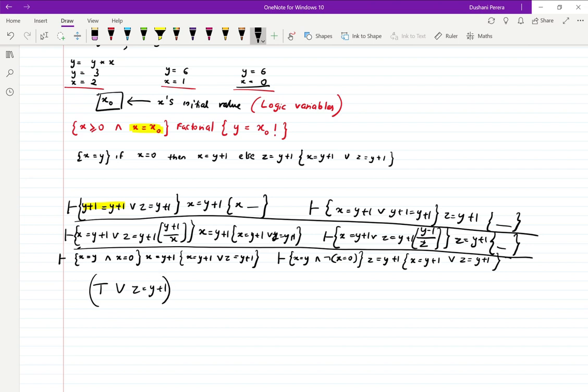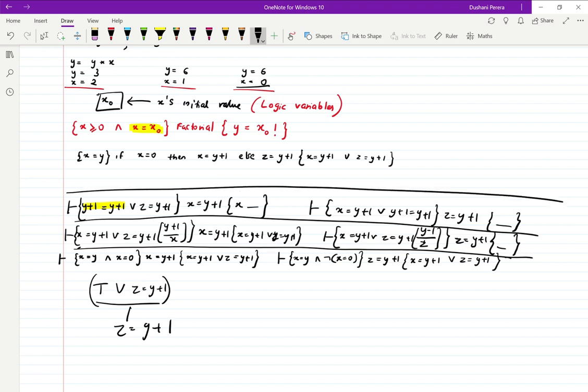So true or this results in z equals y plus 1. So let's write that. X equals y plus 1, and next one is, again here we have y plus 1 equals y plus 1, that is true. So true or this results in this part. So let's write that.